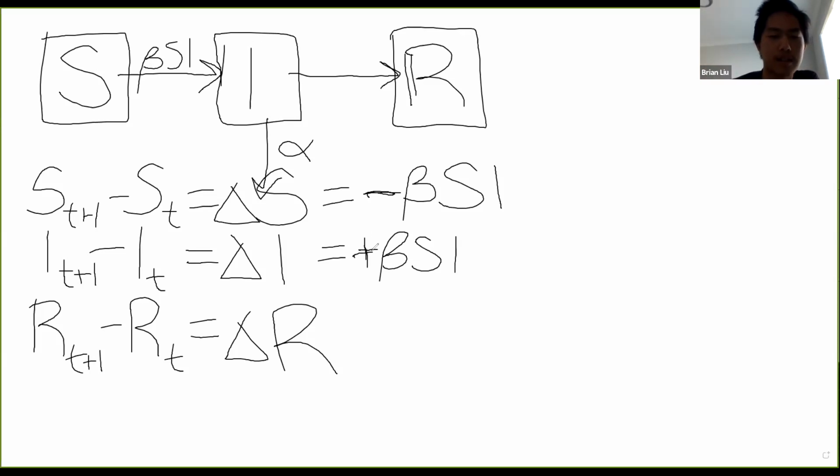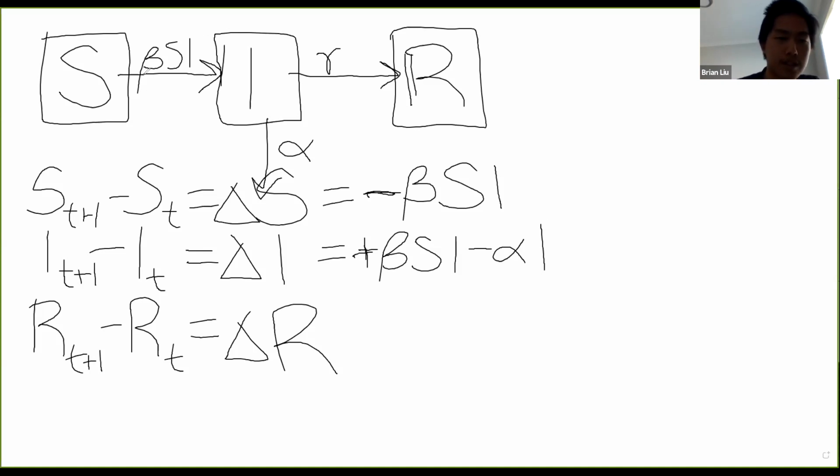How else can the number of people infected change? One way is if someone infected unfortunately dies. So here we have the mortality rate alpha, and unfortunately alpha times I people die. But there are also people who hopefully recover, and that is also dependent on I and a factor called gamma, the recovery rate.